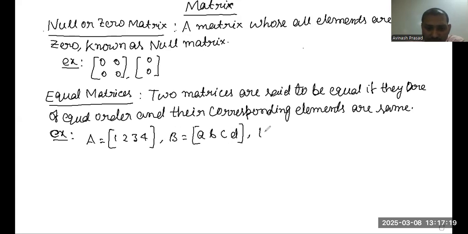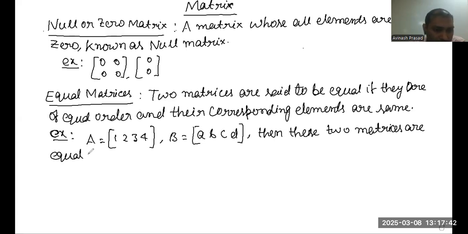Then these two matrices are equal if a is equal to 1, b is equal to 2, c is equal to 3, and d is equal to 4.